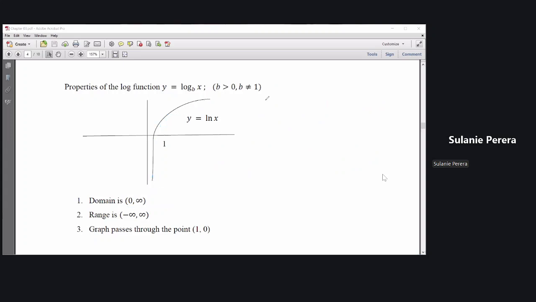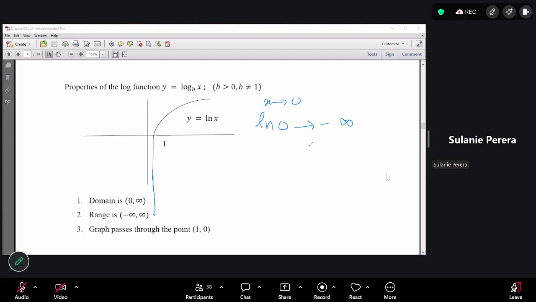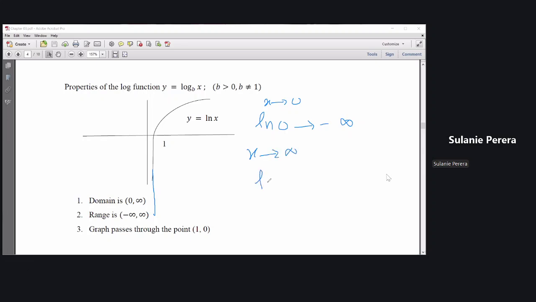Because when x approaches 0, ln x approaches minus infinity. See the graph? It goes towards minus infinity. And when x approaches infinity, ln x approaches positive infinity.